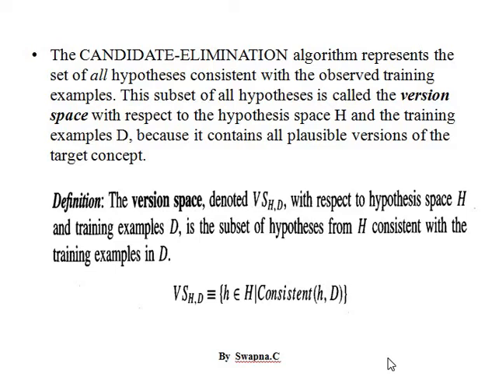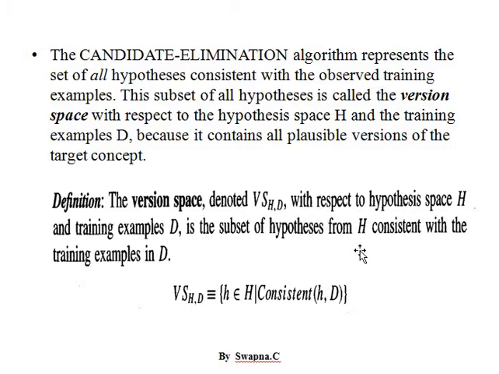And here we give the definition of version space. What is a version space? A subset of hypotheses, so that we call a version space. The version space is denoted by VS, with subscripts H, D. In this, H is the set of hypotheses and D is the set of training examples.